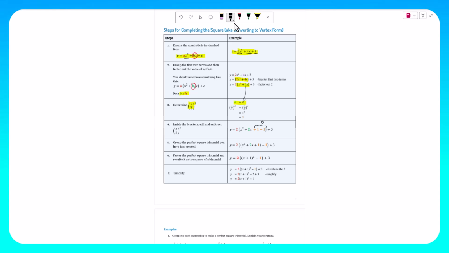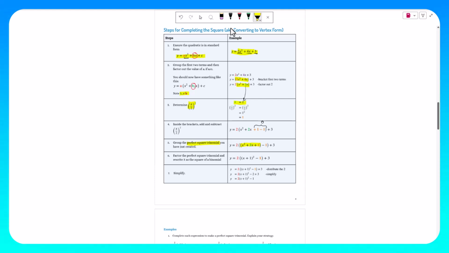So then what I'm going to do is bracket off the first 3 terms. Now these first 3 terms right here, by adding and subtracting that b over 2 squared, actually become the perfect square trinomial.